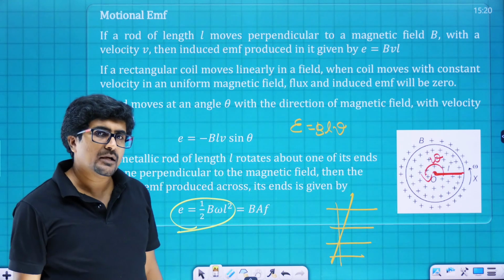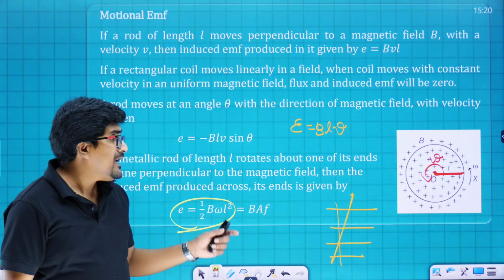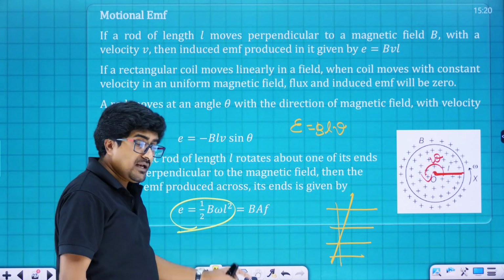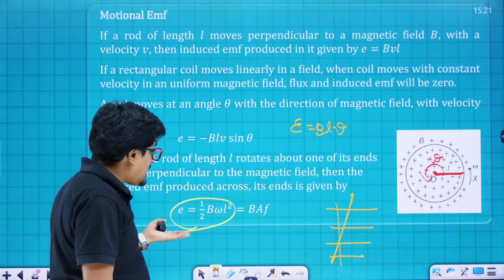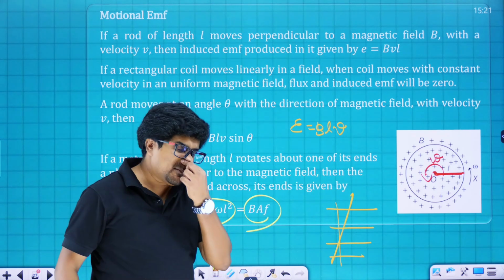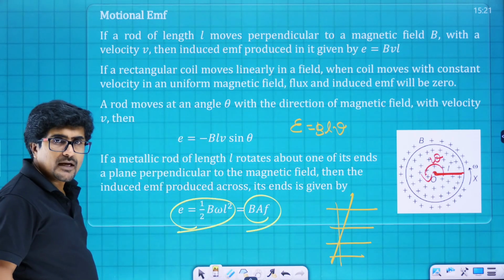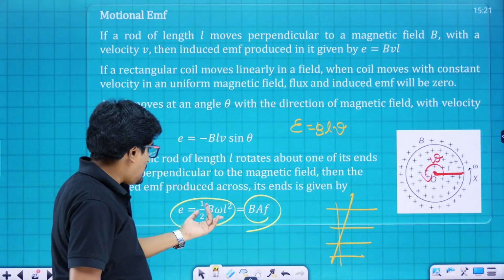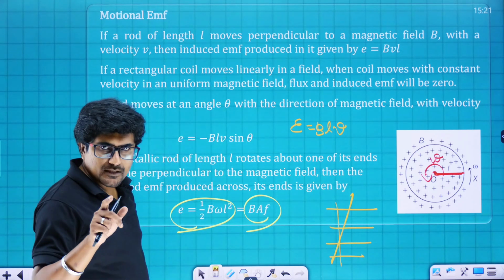Sometimes instead of L they might be using the radius also. And there are some cases where the area swept will be given, capital A, and instead of omega they will be telling about the frequency. In that case, induced EMF is going to be BAF, where area is going to be pi r square.